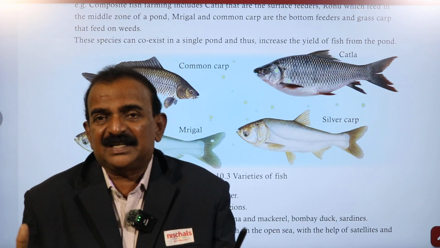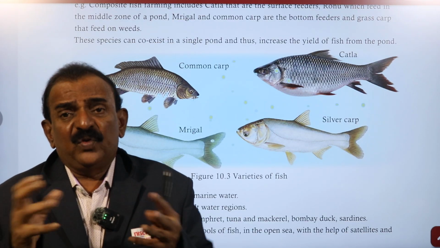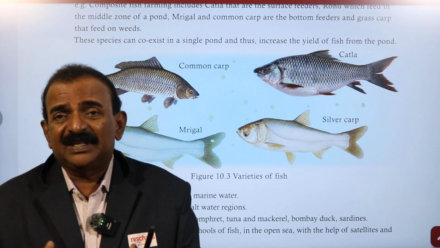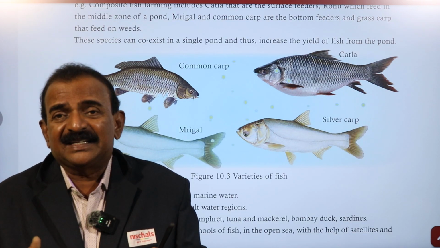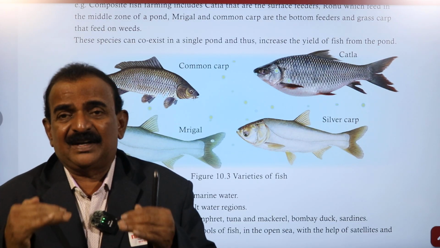And also we discuss a good example of a pond. There we can grow different varieties of species of the fish. They can coexist and lead their life, and they eat different types of feed that is available in the pond.